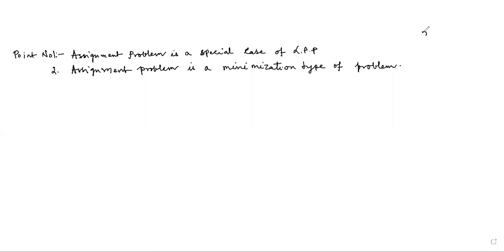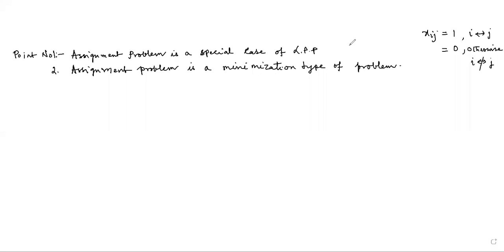So the possible values for xij are either 1 or 0: 1 if i is assigned to j, and 0 if i is not assigned to j.